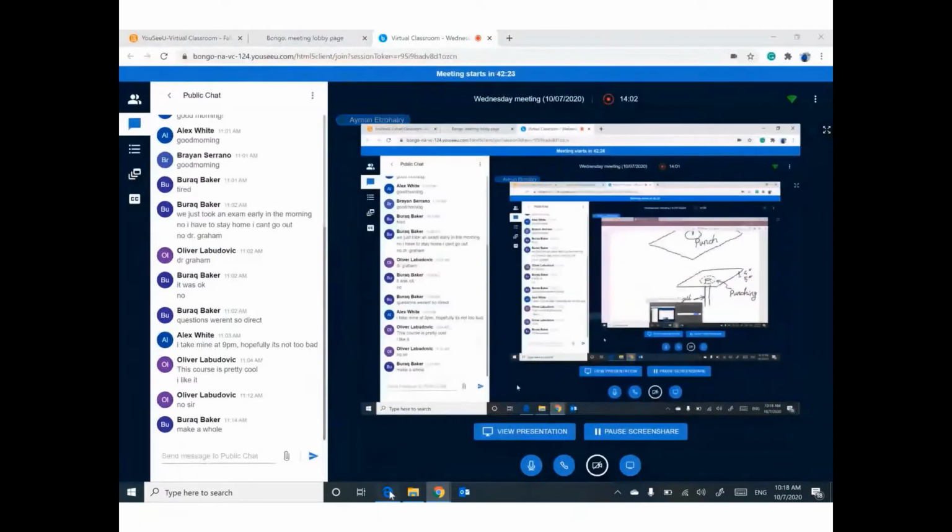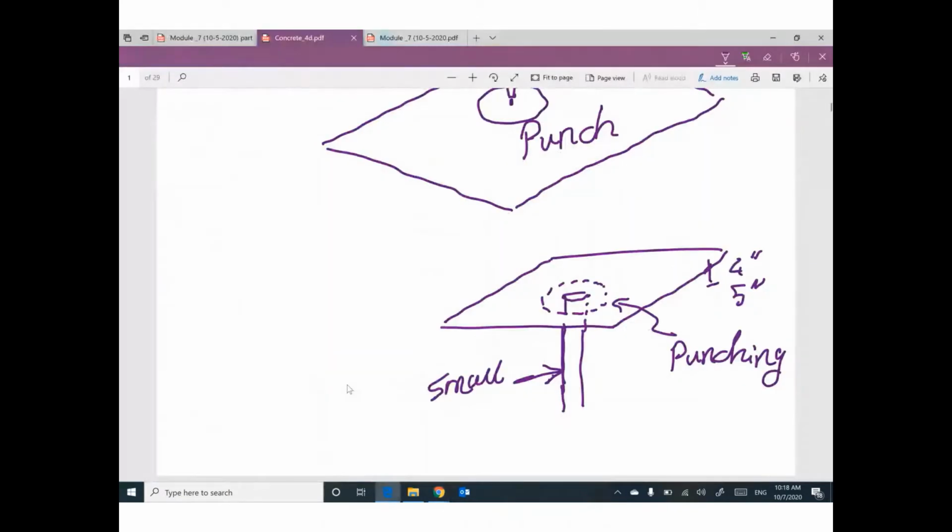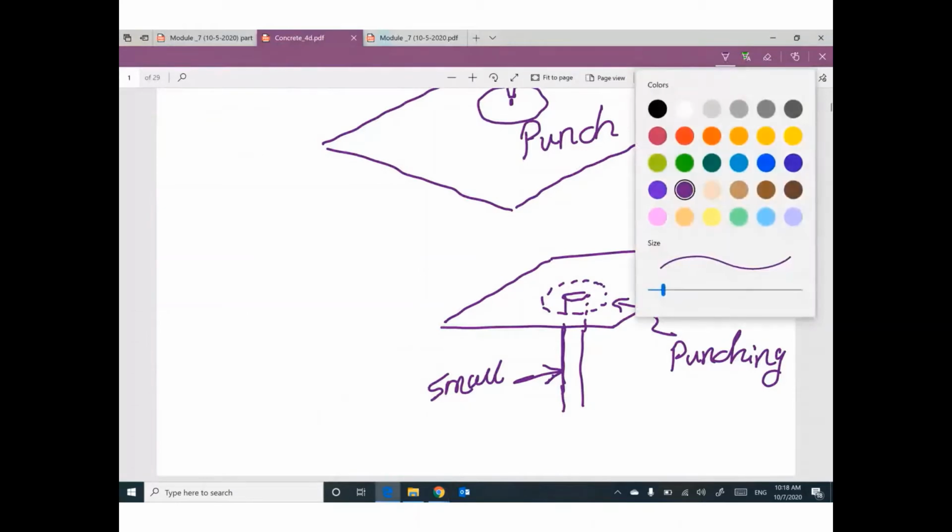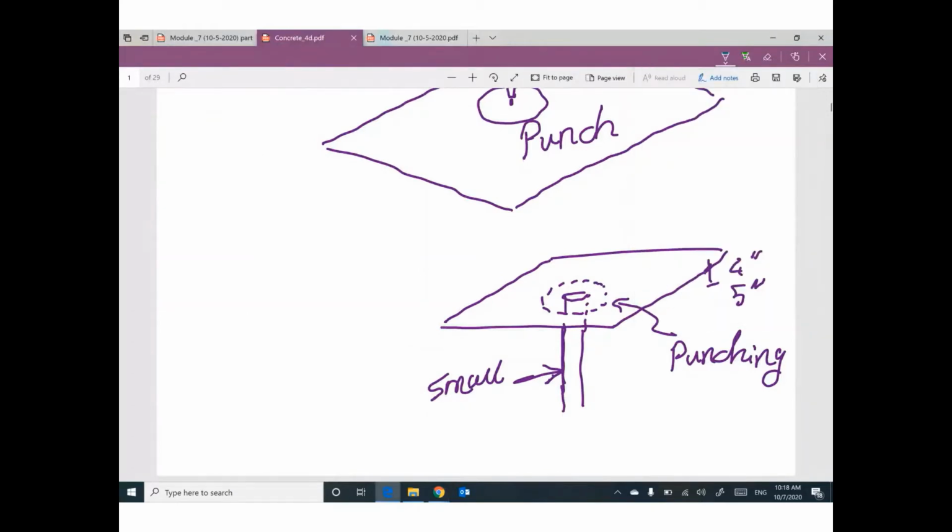So what is the solution for this phenomenon? We have different solutions. The first one, increase the thickness from 5 inches to 10 inches. But it's costly. You will spend too much money because you increased the thickness for the whole slab, for this region only.